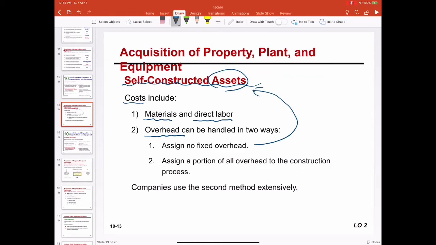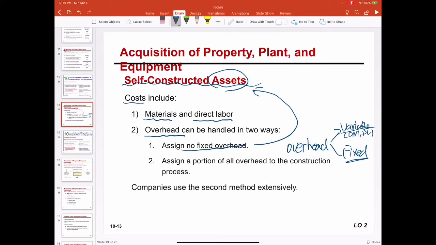There are two ways to handle the overhead cost, because overhead cost can be further classified as variable or fixed. Variable is usually a function of direct material or direct labor. Fixed overhead cost is not assignable directly. So we have two choices. One is to assign no fixed overhead.